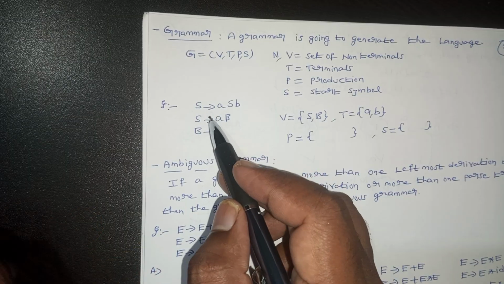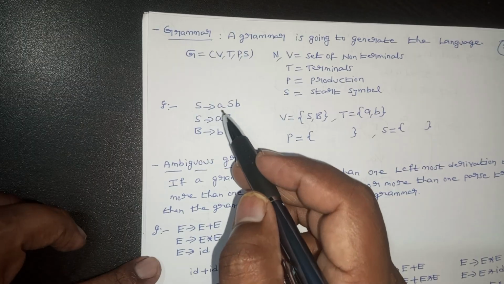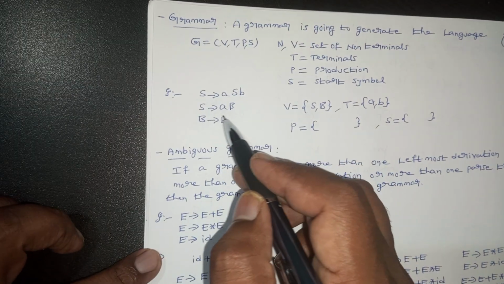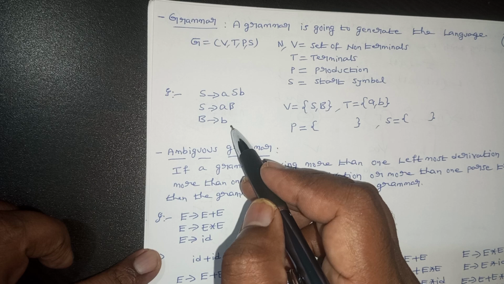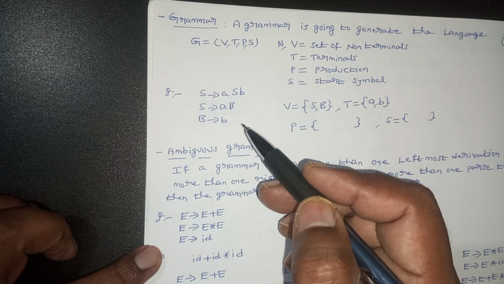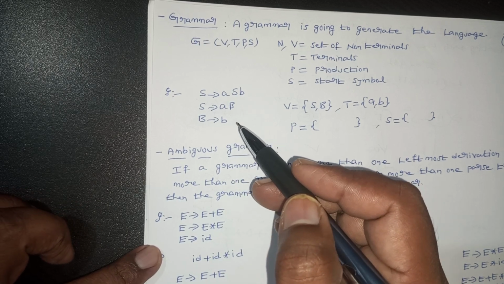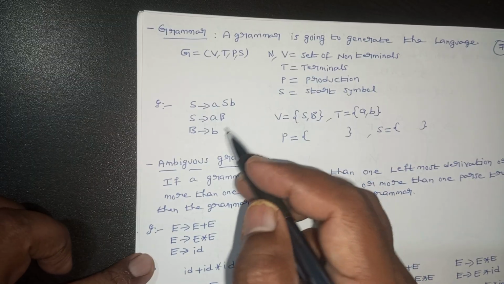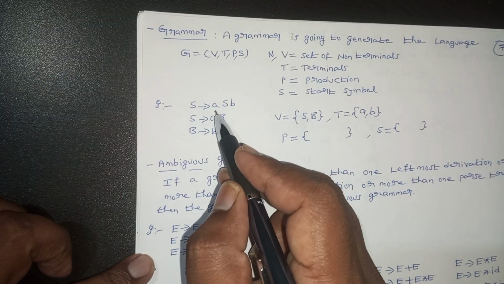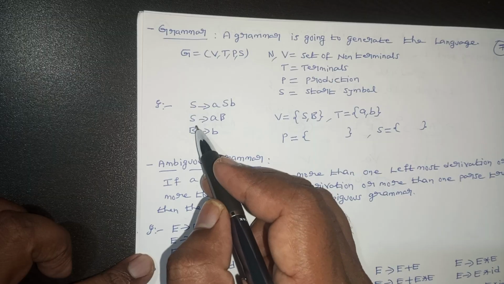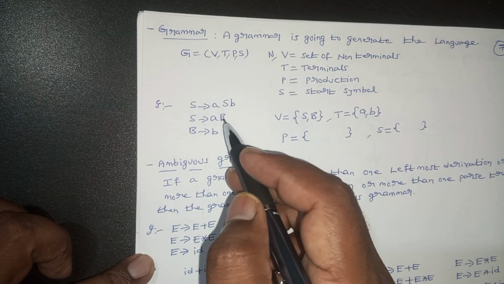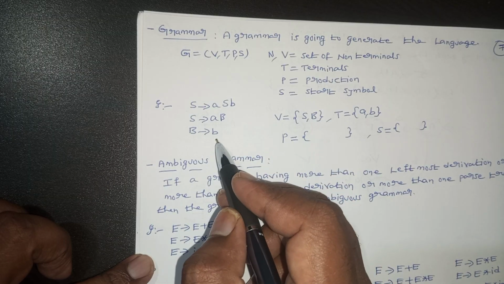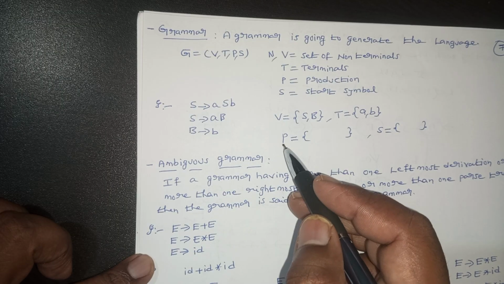So S tends to ASB, S tends to AB, B tends to b. In this way you are able to read the grammar, or you may read it as S derives ASB, S derives A capital B, B derives small b. In this way you are able to read.